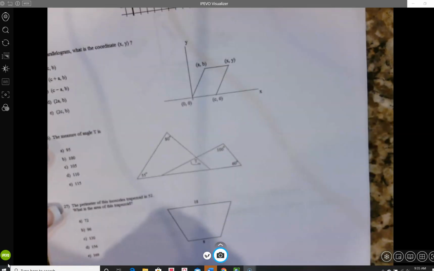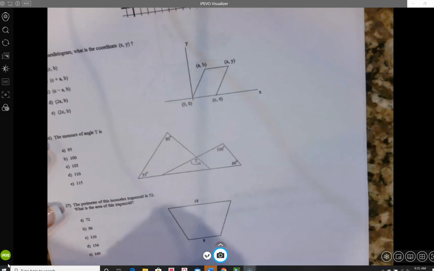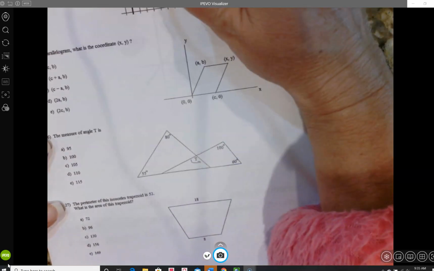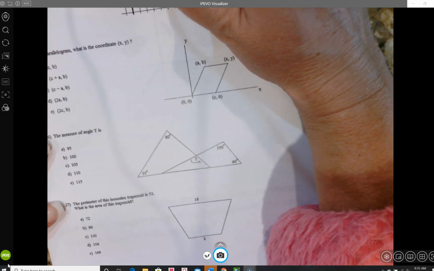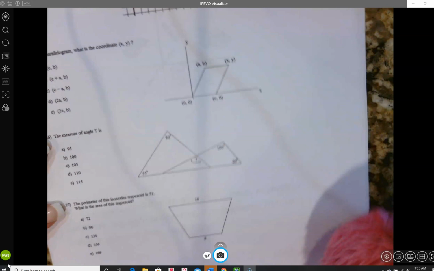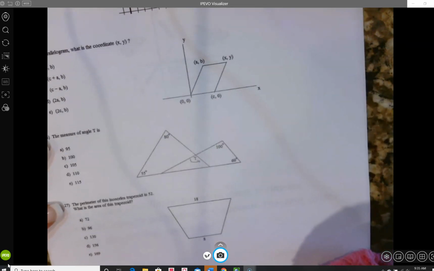So what we don't really have, see, the height would be somewhere in the middle here, and we don't really have the height.